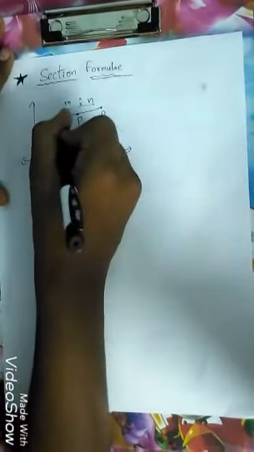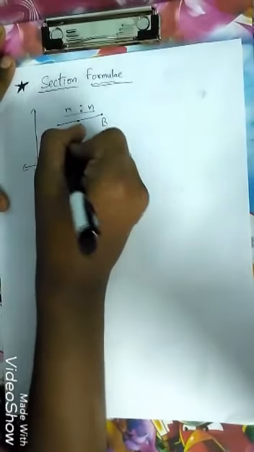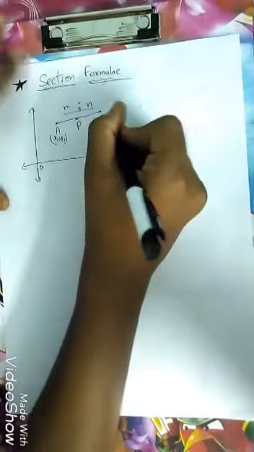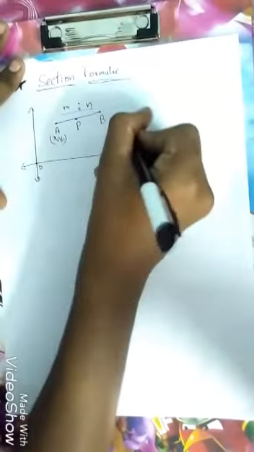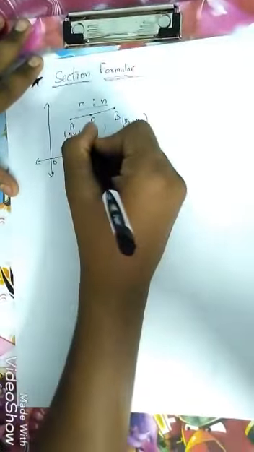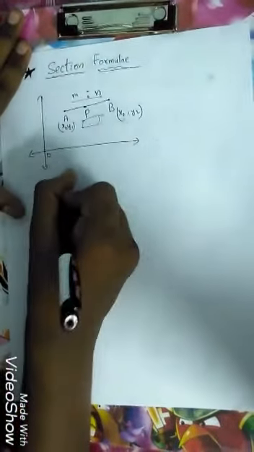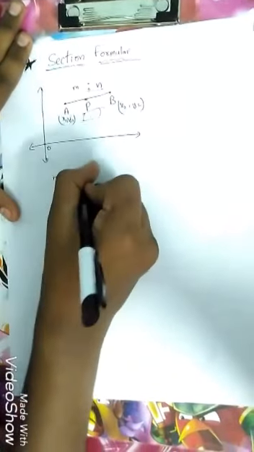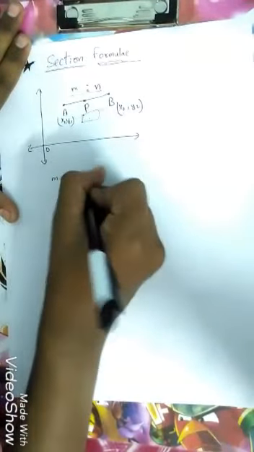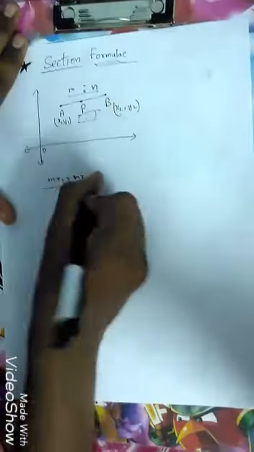So the section formula: A has the coordinates x1 and y1, let us assume, and B has the coordinates x2 and y2. Now the section formula to find the coordinates of P is (mx2 plus nx1) by (m plus n).